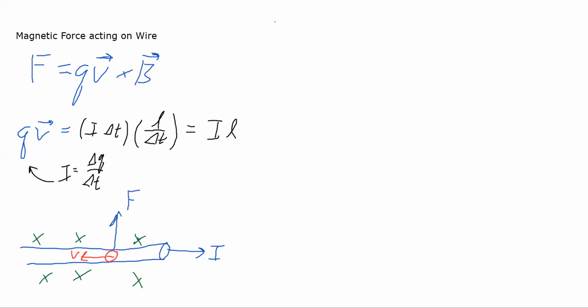So if I want to rewrite this equation here for the force on a wire, it's really similar. It becomes I L cross product B, and we recognize that this velocity has a direction, right?